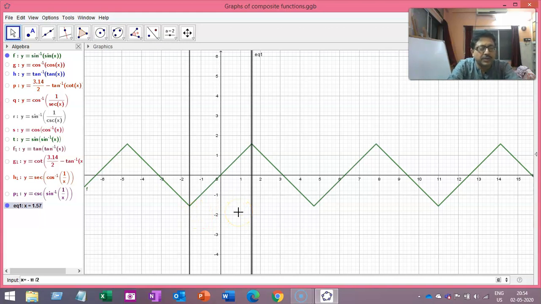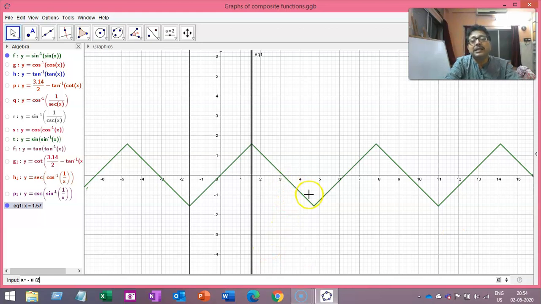Indeed, it's true, because sin inverse x has the principal value branch of -pi by 2 to pi by 2. It's supporting that. But if I plot it here, this is pi by 2, then it is going to be 3 pi by 2, but the equation is changed here. In the next part also the equation is changed. So those who are doing advanced study with inverse will get some clue there.